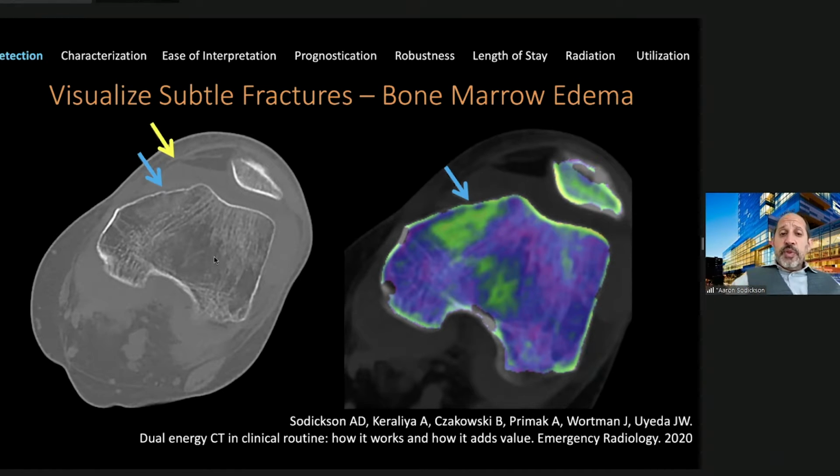What's left over is the attenuation of the marrow itself, which we now color code, where green is high attenuation, purple is low fatty attenuation. And so anything that increases marrow attenuation, edema, hemorrhage, metastases, show up as green on the baseline of the fatty marrow.